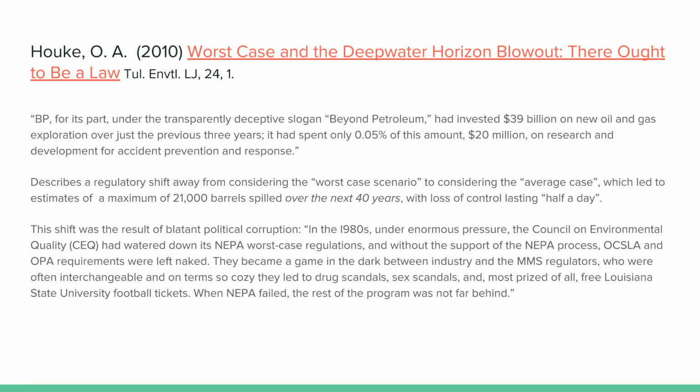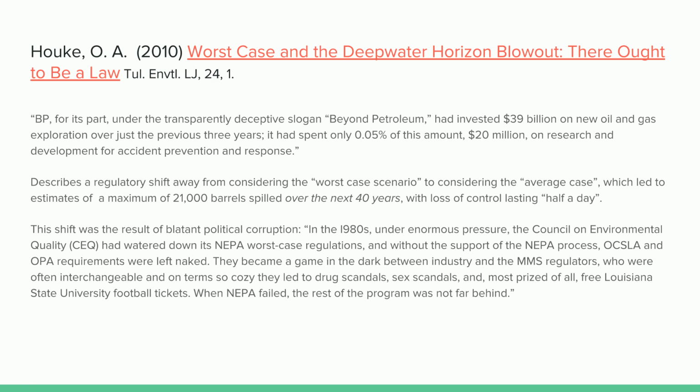They spent $39 billion on just new oil and gas exploration, just these new exploratory drilling projects. They spent $39 billion in 3 years. But over that same amount of time, they spent only $20 million on research and development for accident prevention and response, right? So their concern with safety is 0.05% of the $39 billion they spent on oil exploration.